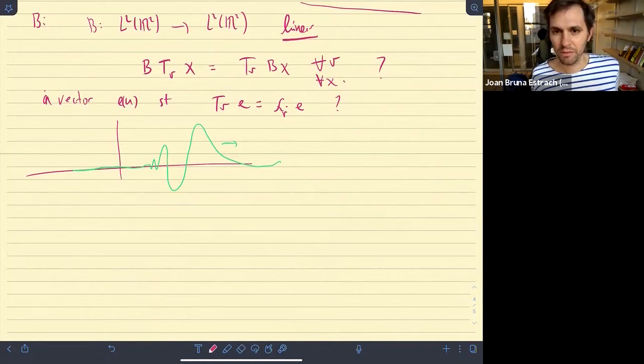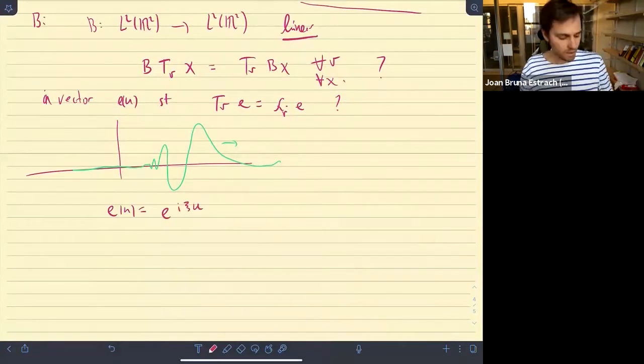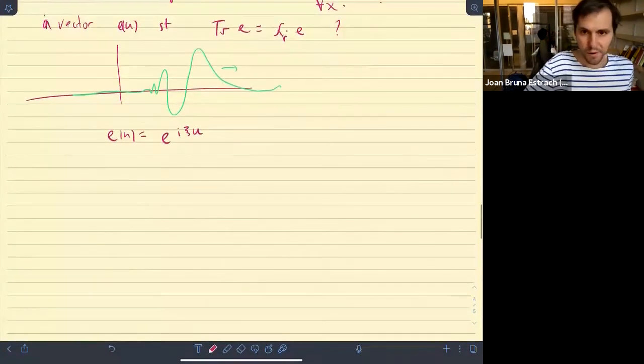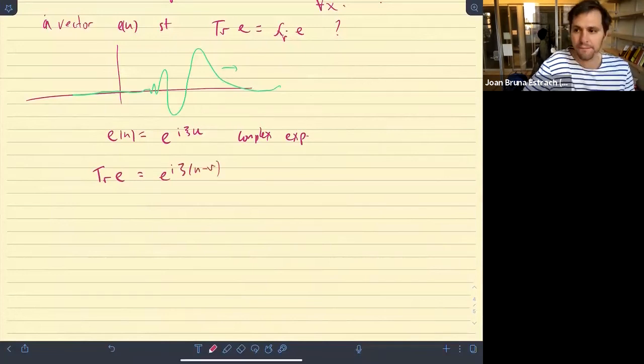Maybe a wave, maybe a sine and cosine, right? Actually a complex exponential. So if you translate this signal, that is e to the i xi (u minus v).